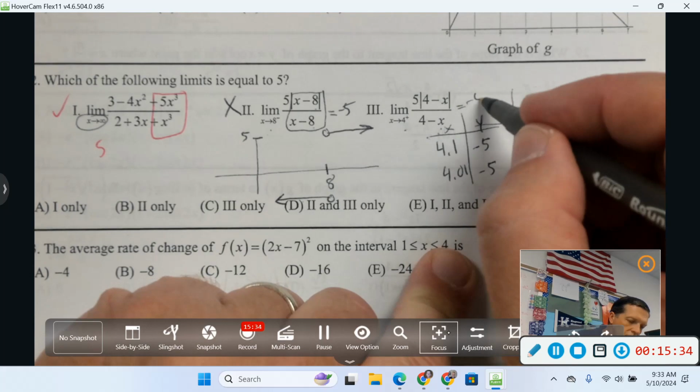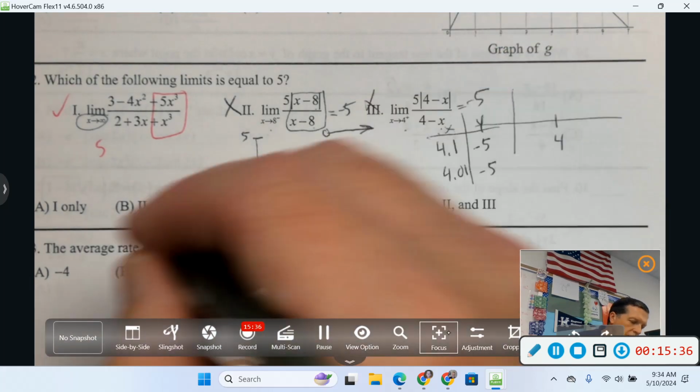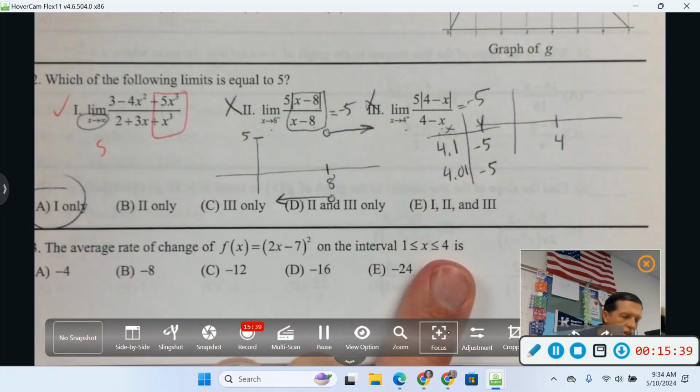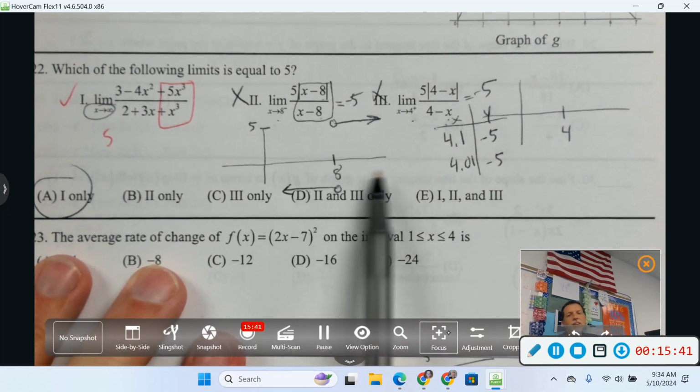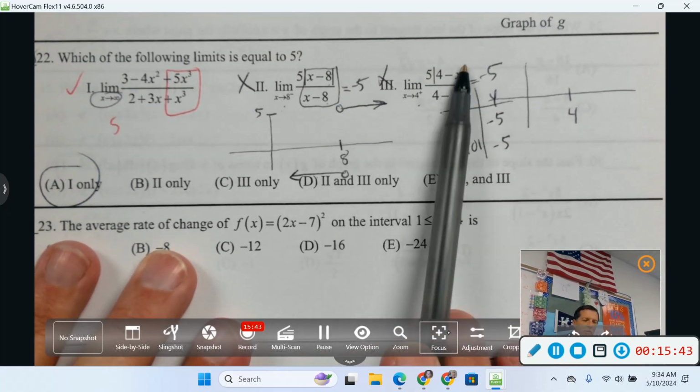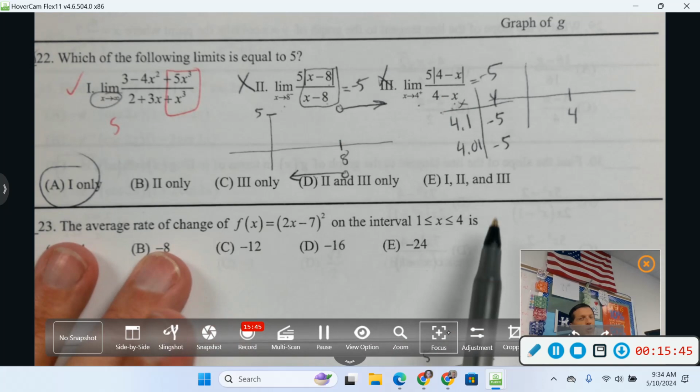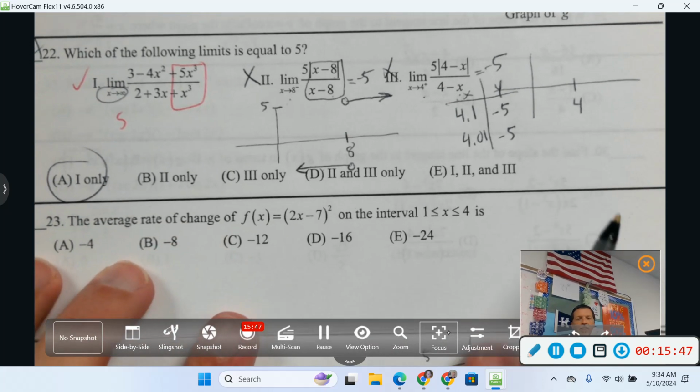So that thing's approaching negative 5. Those are tricky. The absolute value and not absolute value. So they sort of cancel, but you got to be real careful about the sign.